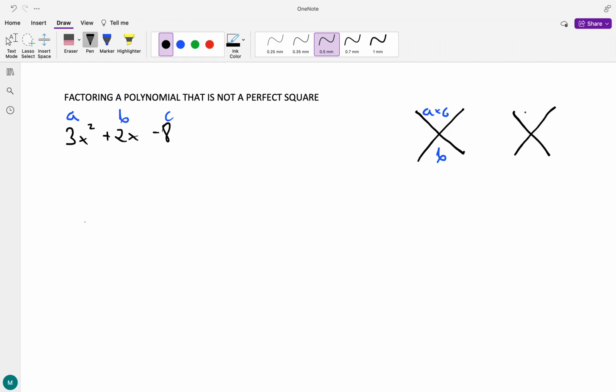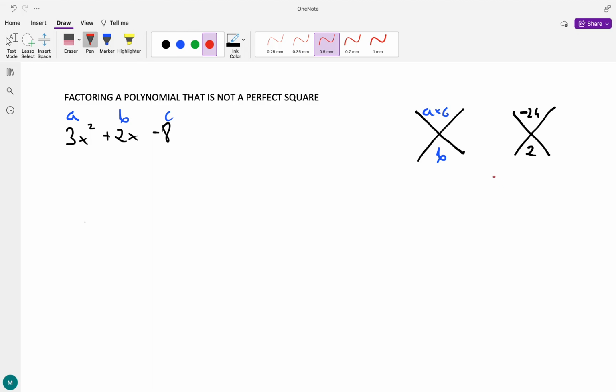A times C is 3 times negative 8, that's negative 24. And on the bottom, we're going to put 2. So now we are looking for two numbers that multiply to negative 24 and add up to positive 2.